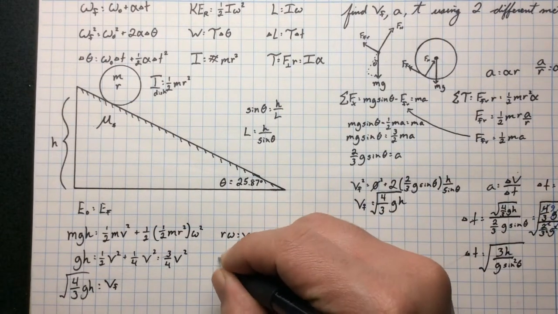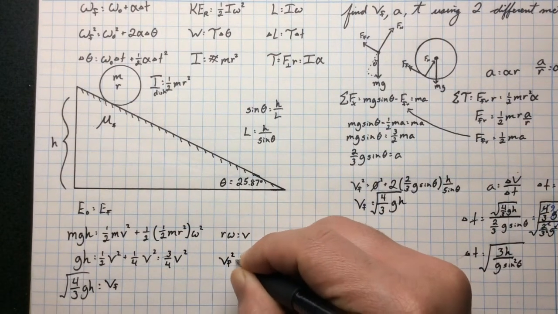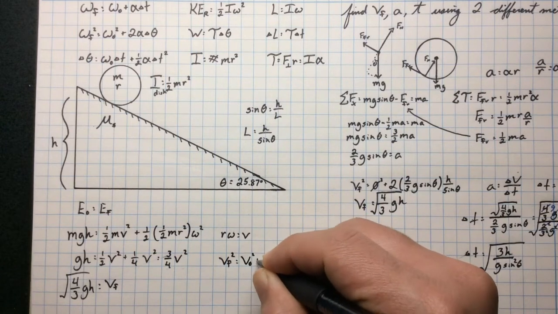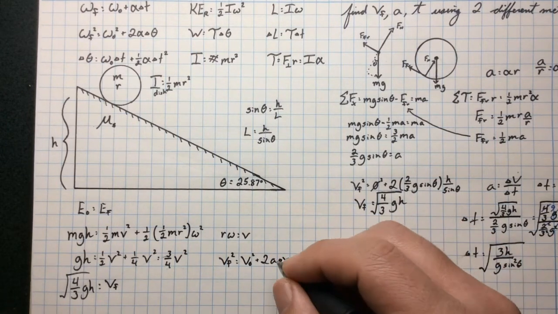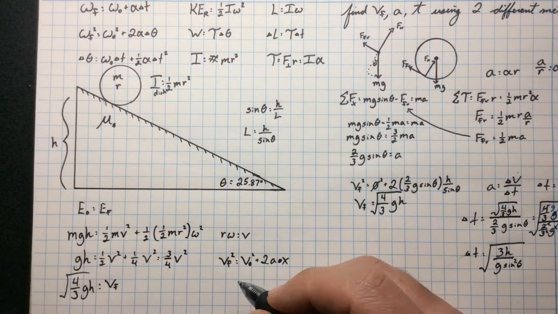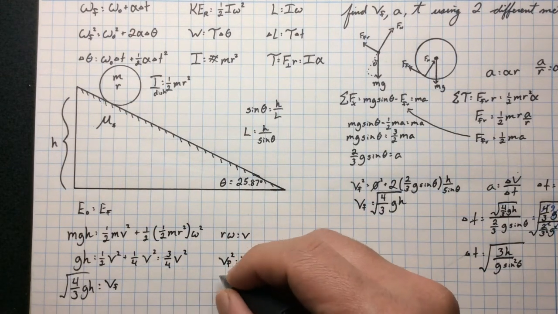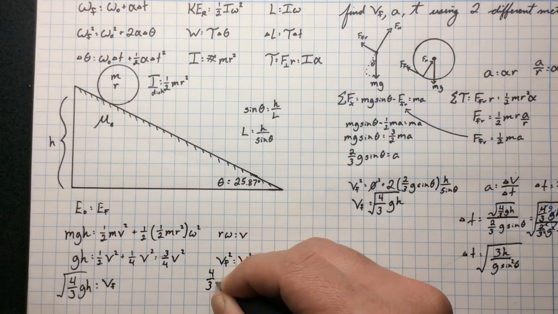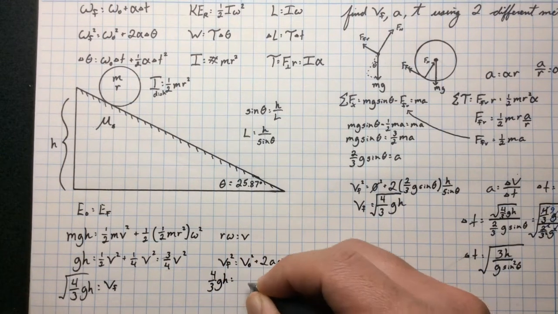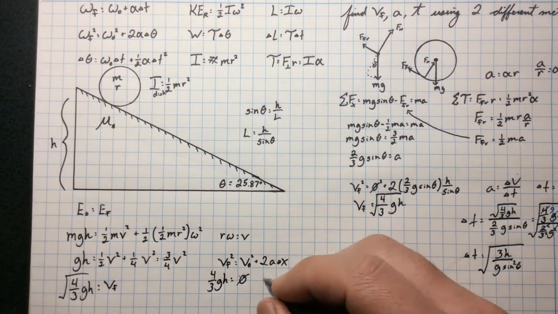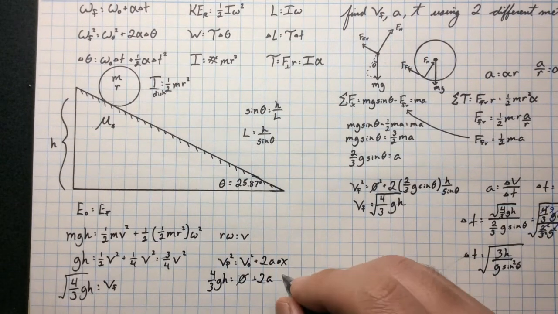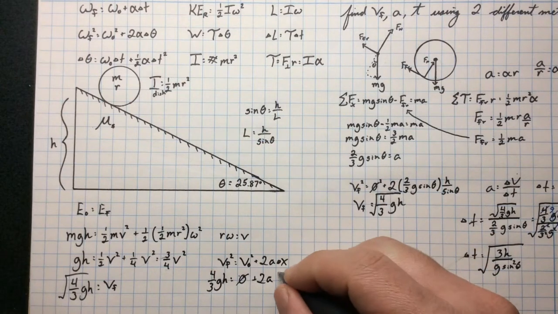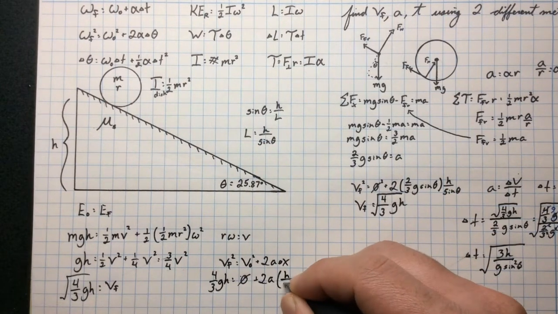Final velocity squared, sorry about that, equals initial velocity squared plus 2a delta x. My final velocity is this thing, so we're going to plug that in. It's going to be squared, so I'm going to take the square root off. So 4/3 gh. My initial velocity was nothing, so I'm not going to even bother. Plus 2 times the acceleration, which we wouldn't know at this point. We do know the change in x already, that's h divided by sine theta.